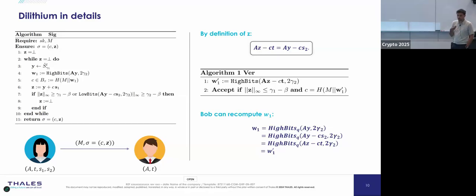To verify a signature, Bob first receives the signature, so C and Z. Then he recomputes the high bits of Az minus Ct. He will accept the signature if he can successfully recompute the challenge that Alice has given him, and if the vector of polynomials Z verifies the bound imposed during the signature generation.